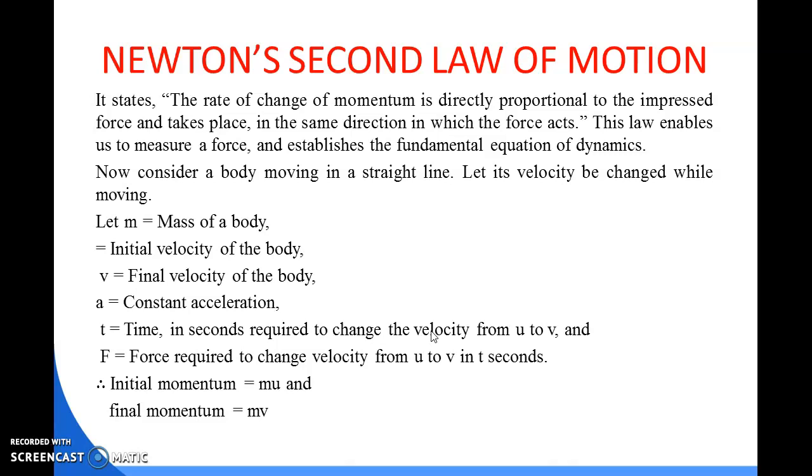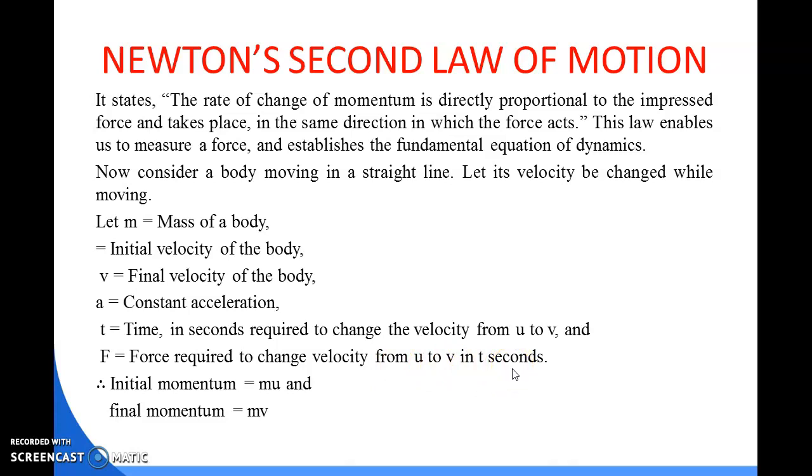Let m be the mass of the body, u the initial velocity, and v the final velocity. a is the constant acceleration, t is the time in seconds required to change the velocity from u to v, and F is the force required to change the velocity from u to v in t seconds.